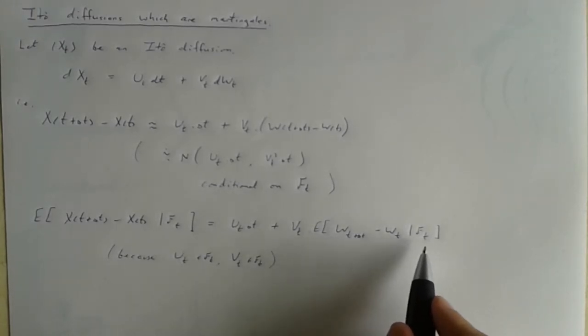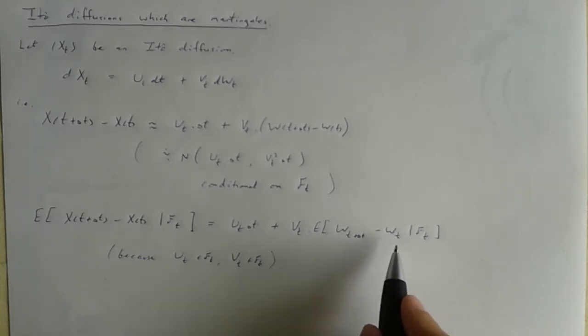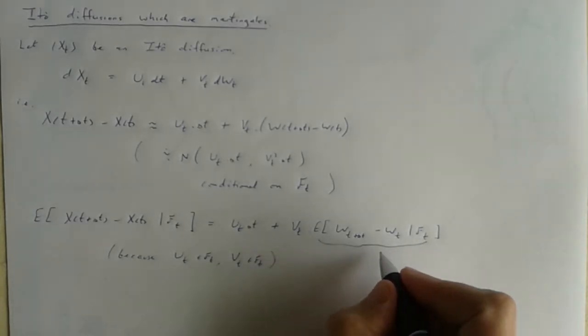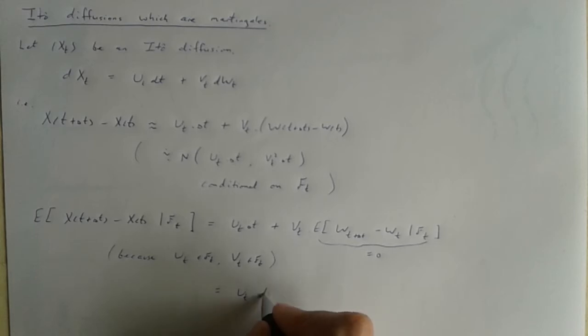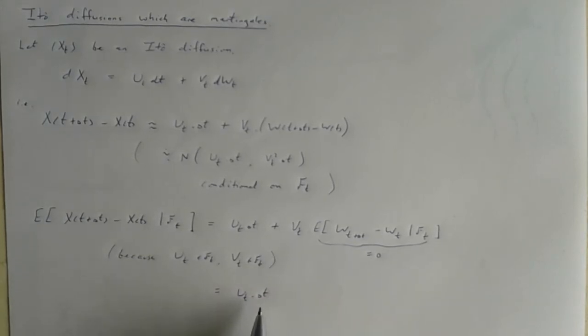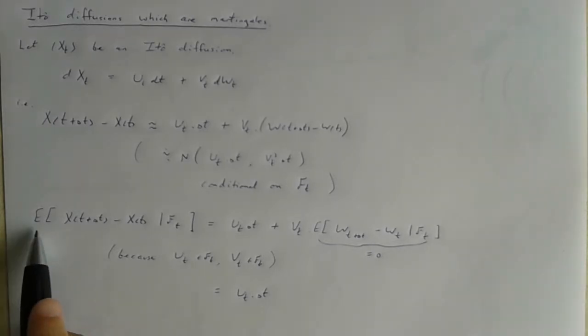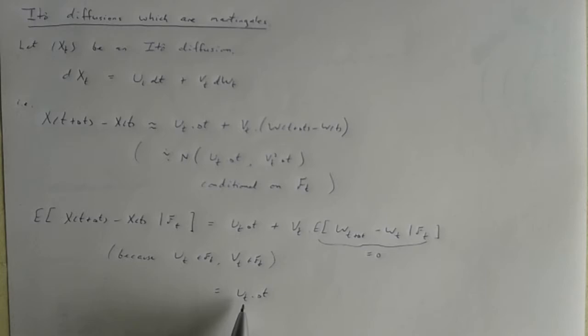So the conditional expectation is the same as the unconditional expectation, which is 0. So we end up with just the first term. So to be a martingale requires this to be 0, and it turns out that this is essentially this. I should say approximately equal to here if I'm being careful.